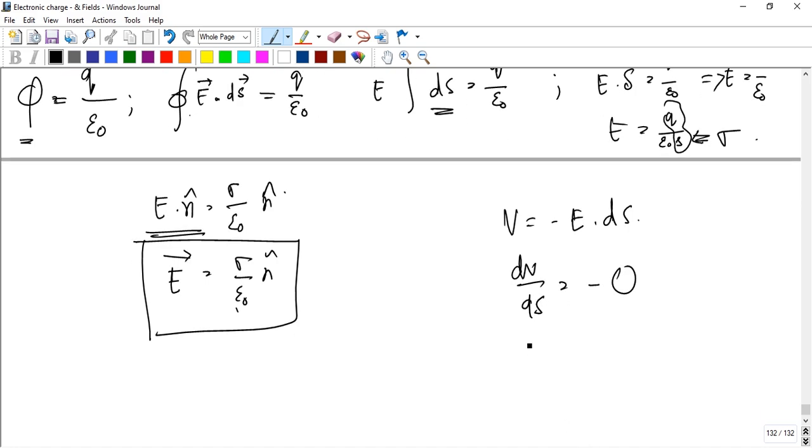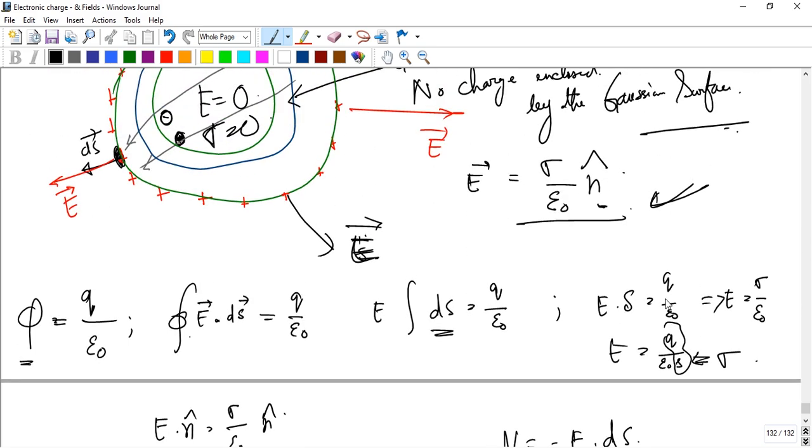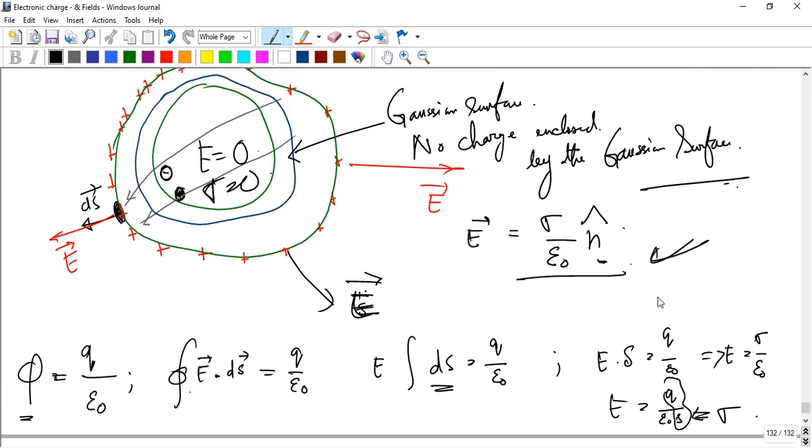So the integration of dV is 0 ds, so that is equal to some constant. So we get the potential constant. Here the potential is constant. Okay.